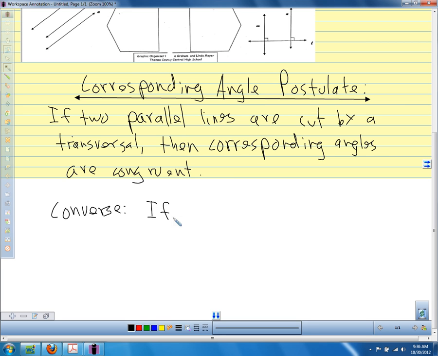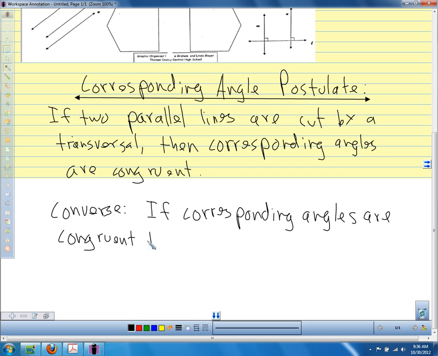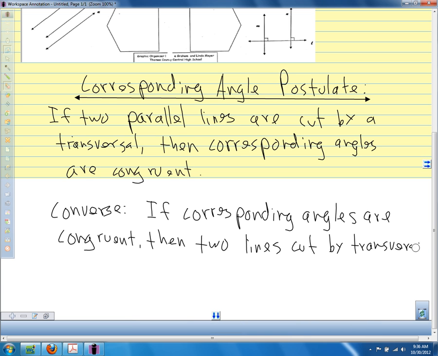Almost. So we're going to say if corresponding angles are congruent, then two lines cut by a transversal are parallel.